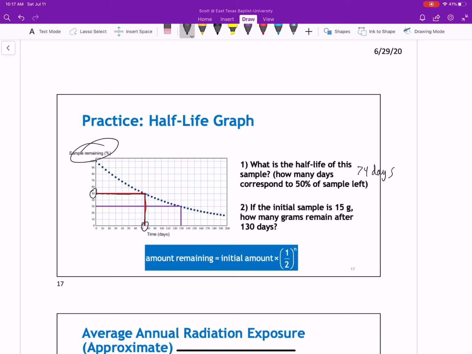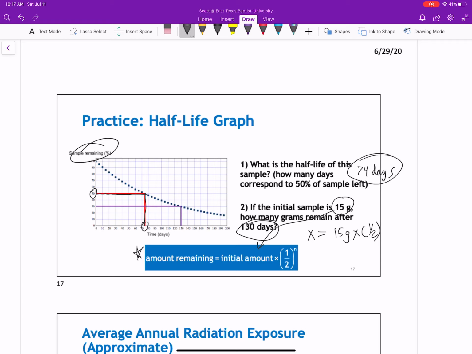And there's a couple ways you can solve this. I like the formula. It's kind of foolproof. So we know that the initial amount, 15 grams, goes right there. And we know that the half-life is 74 days thereabout, and it took 130 days. So we'll do x equals 15 grams times 1/2 raised to the n.